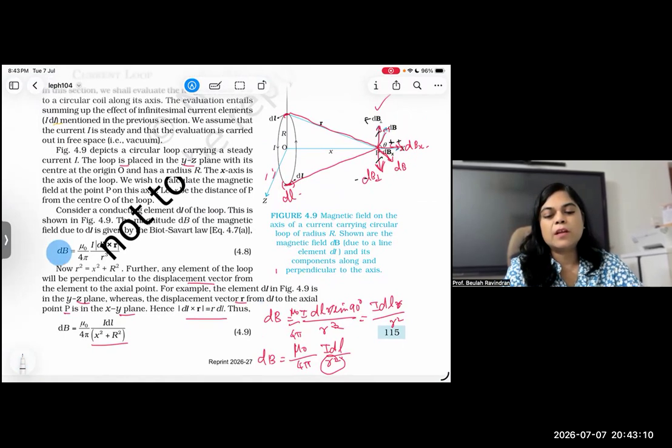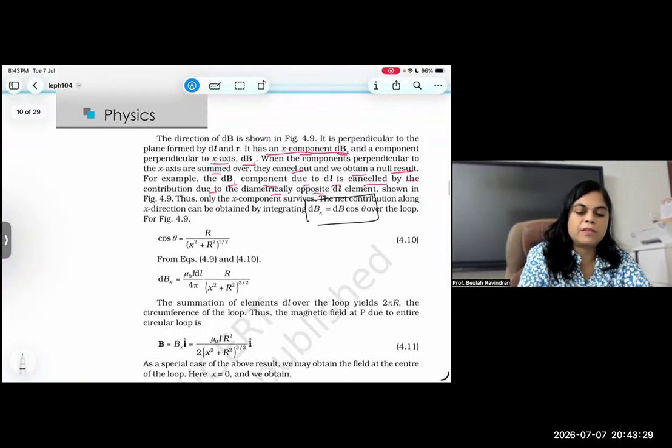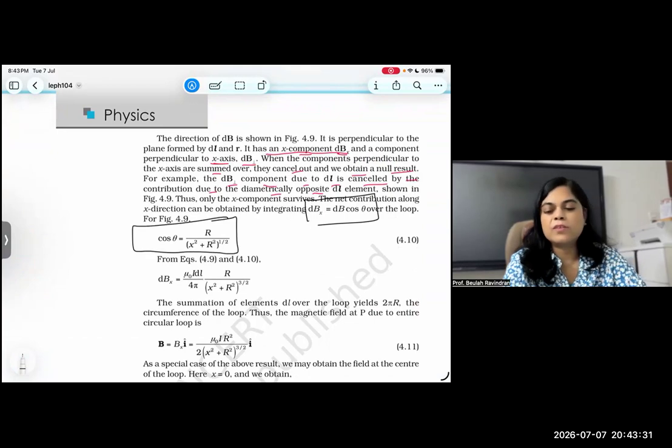This hypotenuse will be root of capital R square plus x square. If this is 90 degree and this is theta, what is the cos theta component? R by root of r square plus x square.